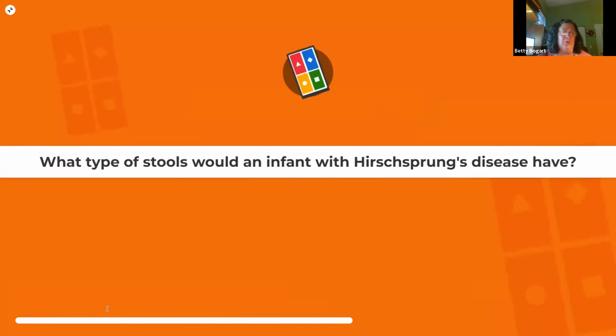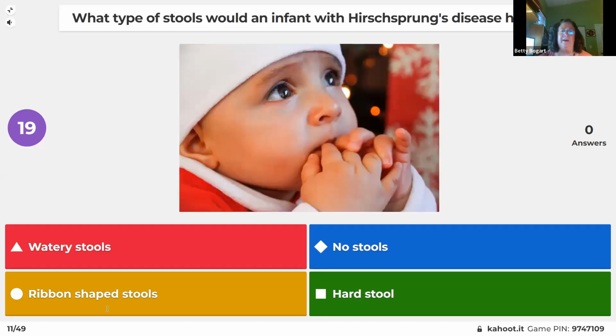What types of stools would an infant with Hirschsprung's disease have? So remember, you have the big outpouching, and you have the tiny little tube going to the anus.